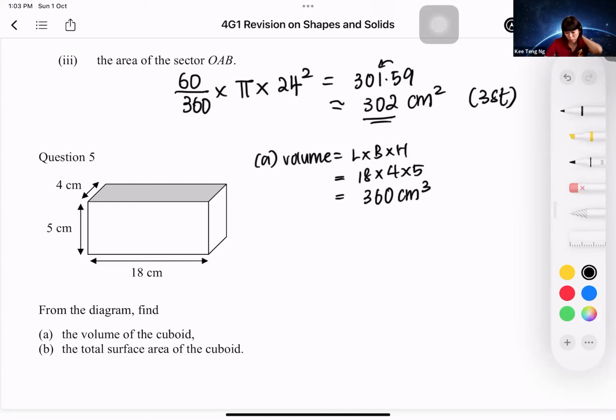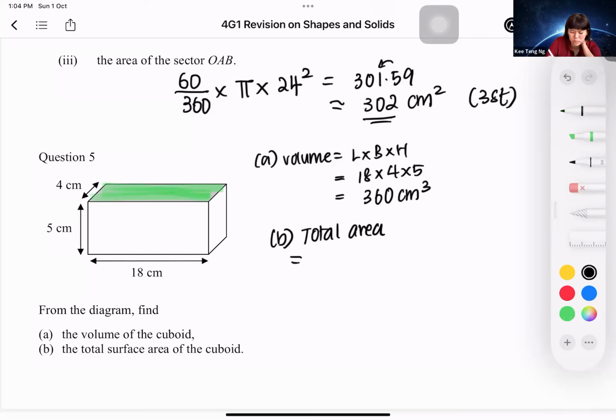Volume, cm cubed. Now I'm going to find the total surface area. There are a few different areas that we need to think of. Number one, let us look at the area of our top portion. This is the shape of a rectangle.